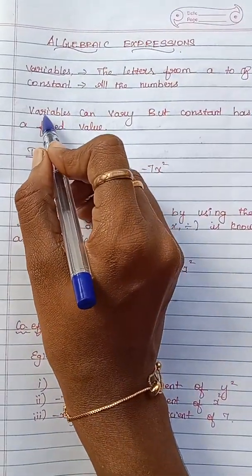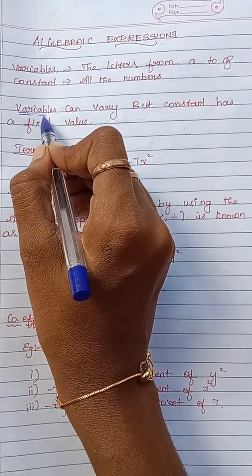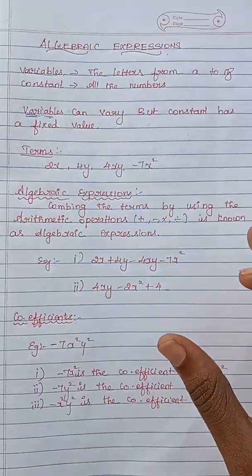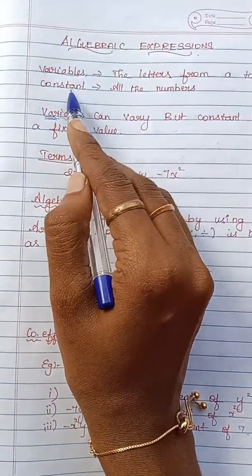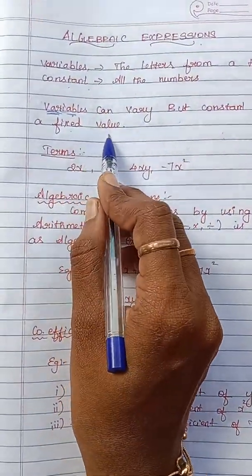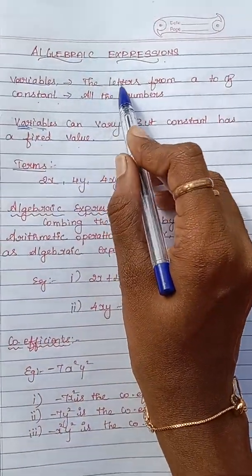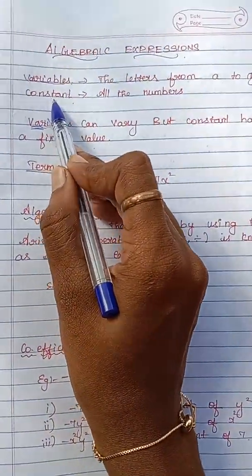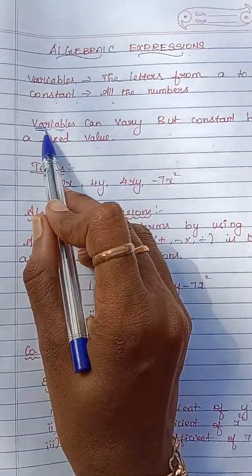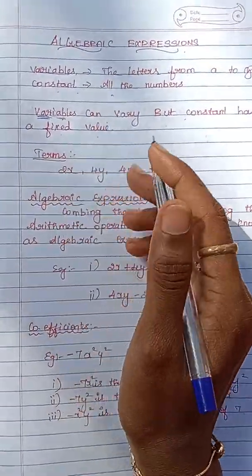The word variable itself shows that it can change. But constants are all the numbers, which have a fixed value and won't change. So variables are all the letters from A to Z, and constants are all the numbers. Variables can vary but a constant has a fixed value.